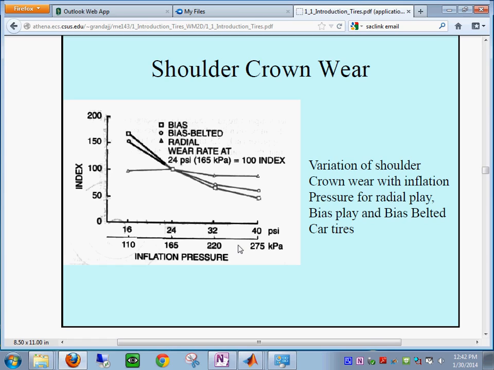So you can see that the plots are different. These are for the bias ply tire. These are for the radial tire.